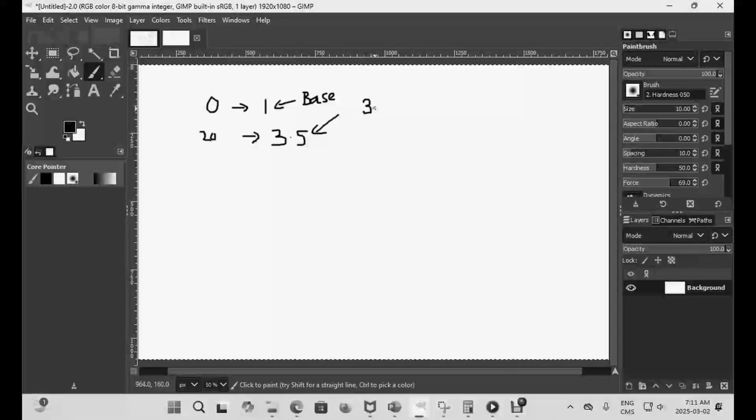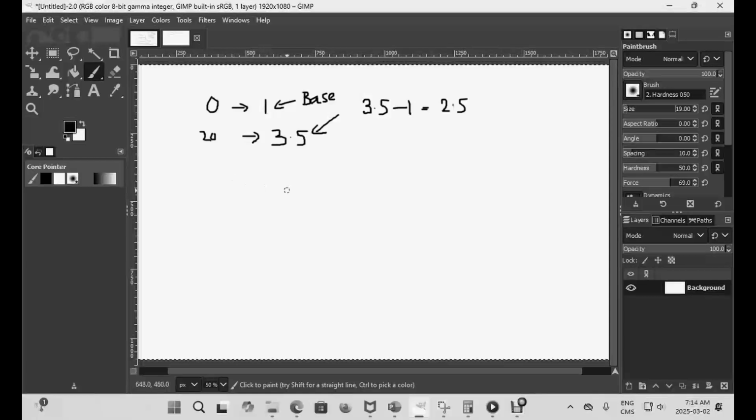Your 3.5 take away 1 will give you 2.5. So 2.5 is your ranking increase for 20 links, because you started off with 1 for no links whatsoever.